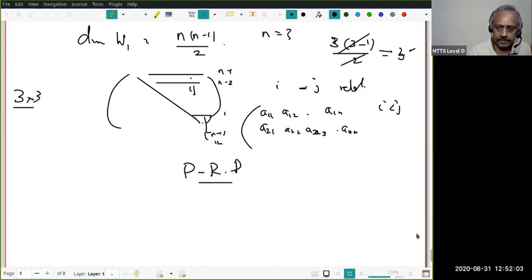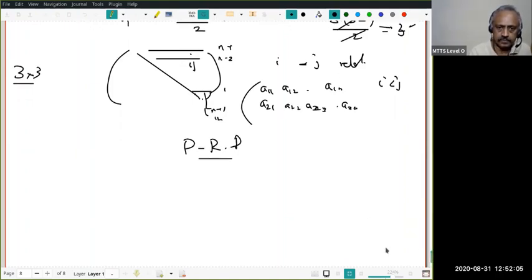These are the things which are free for me. They are independent. So in the first row, I can fill any one of the n minus 1 coordinates with any real number. Therefore, n minus 1. Notice that there is no product. You are just simply summing n minus 1 plus n minus 2 and n minus 3.